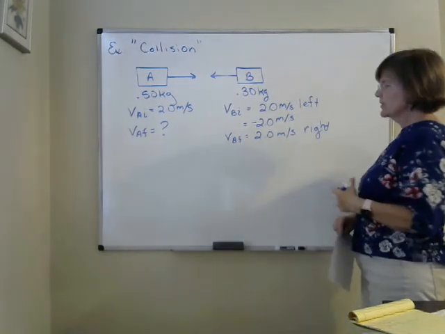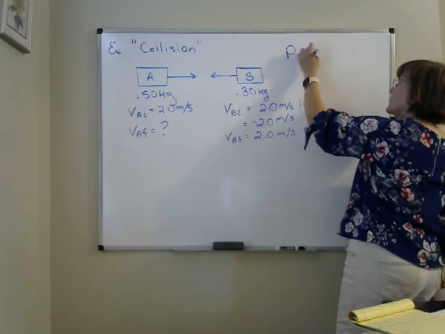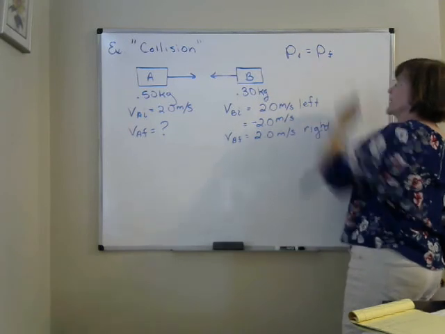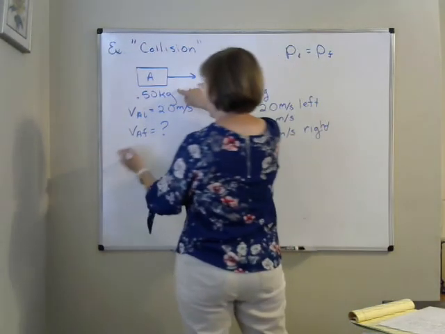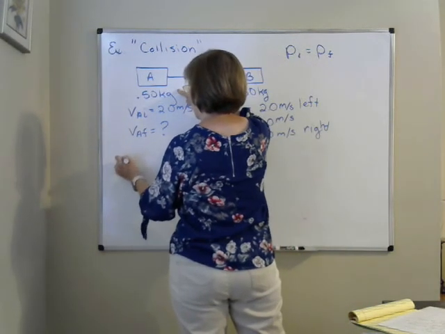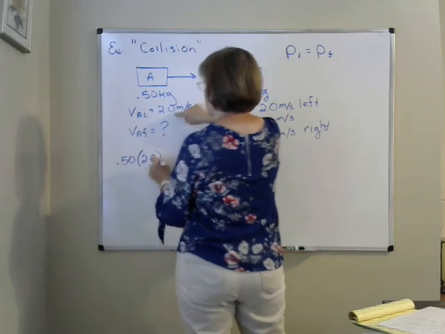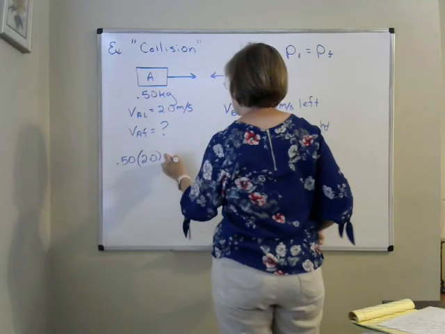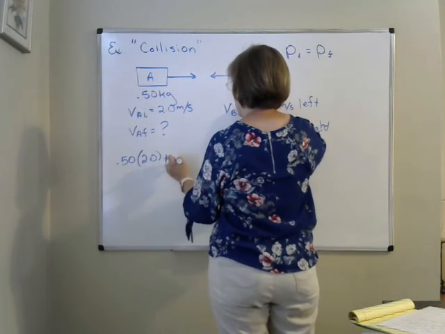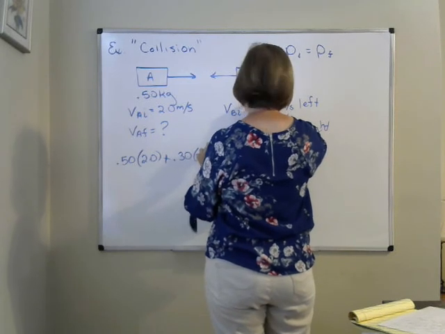We're going to use this whole idea, conservation, that the initial momentum must equal the final momentum. So let's go. The initial momentum, 0.50 times 2.0. That's the initial for glider A, plus 0.30 times negative 2.0.